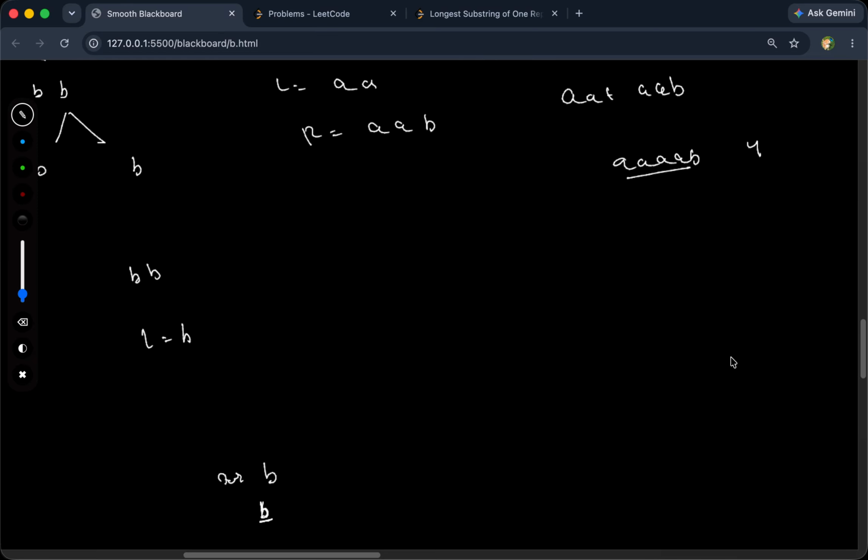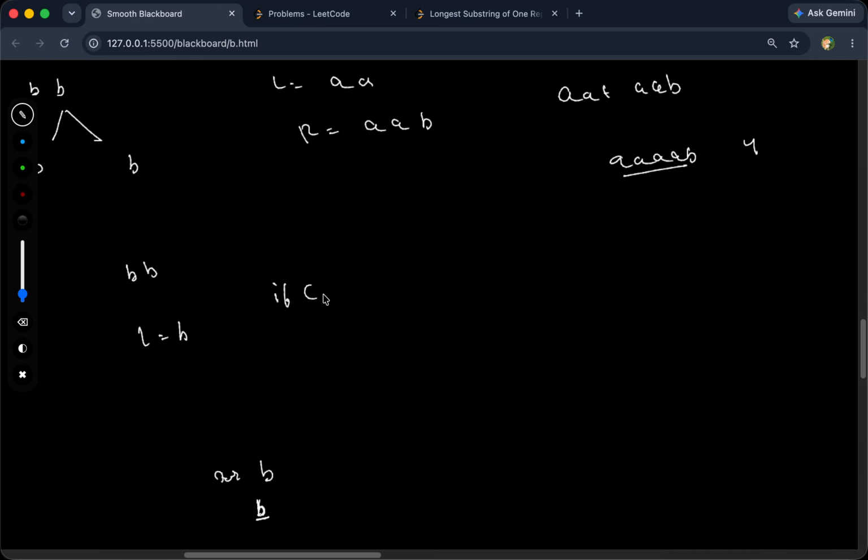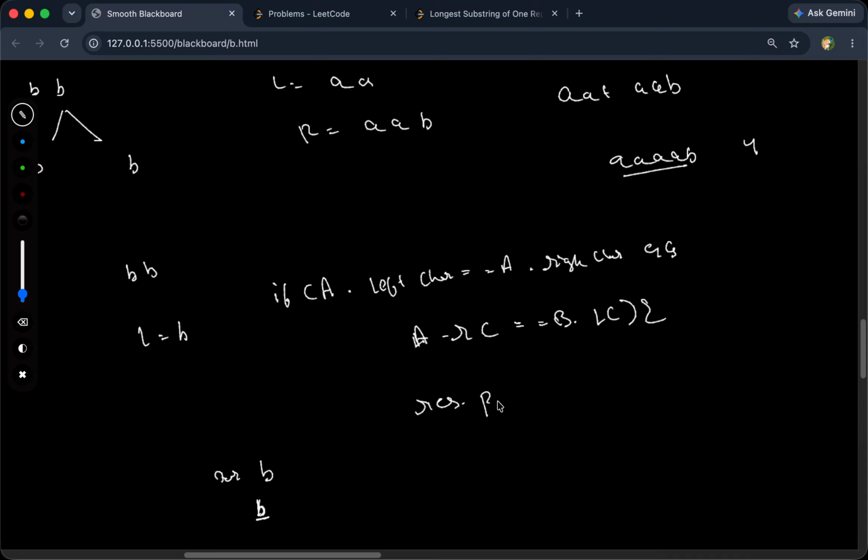So therefore how we write it: if A dot left character is equal to A dot right character, and A dot right character is equal to B dot left character, then prefix equals A dot prefix plus B dot prefix.